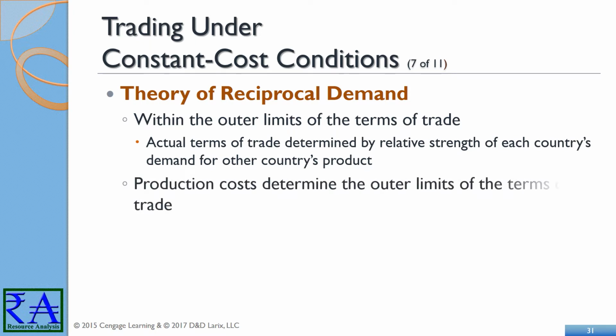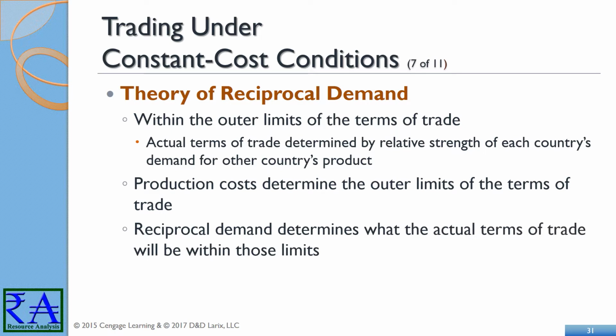When market demand for products is not equal, consumer preferences dictate fluctuations in prices. The country producing a more demanded product benefits from higher productivity and growth. Reciprocal demand determines what the actual terms of trade will be within those limits. Through time, the producer of more demanded goods benefits from dynamic gains.